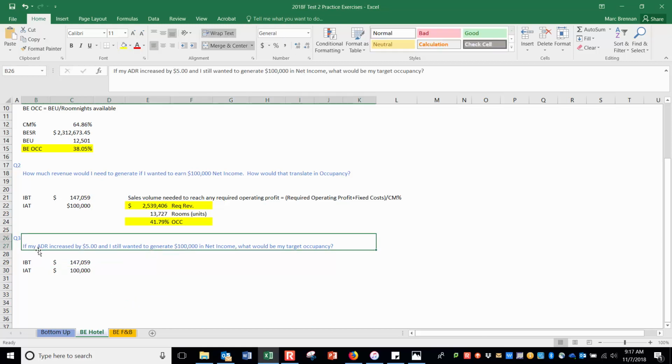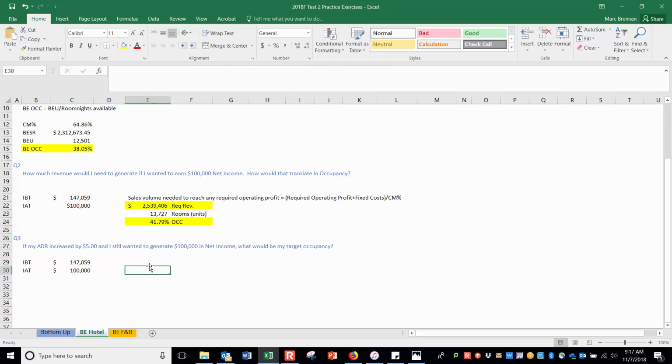So really all I'm finding out is if my average daily rate increased by $5 and I still wanted to generate $100,000 in net income, what would be my target occupancy? So has this part changed here? It hasn't. Okay, we're still, and I'll just copy this down.